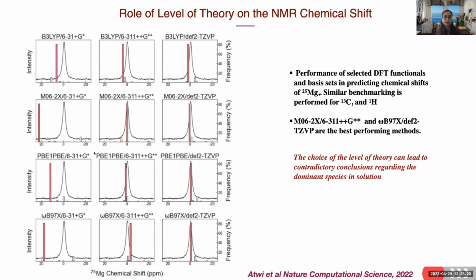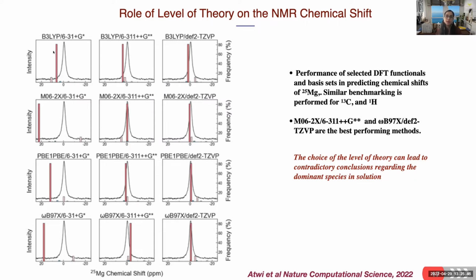We use 3 criteria. We select them based on their accuracy, their computational cost, and their tendency to fail. So we use some of the most commonly used functionals: B3LYP, M06-2X, PBE0, and omega B97X, and 3 Gaussian basis sets: 6-31+G*, 6-31+G**, and def2-TZVP.